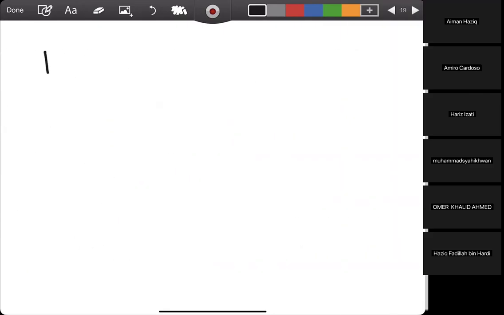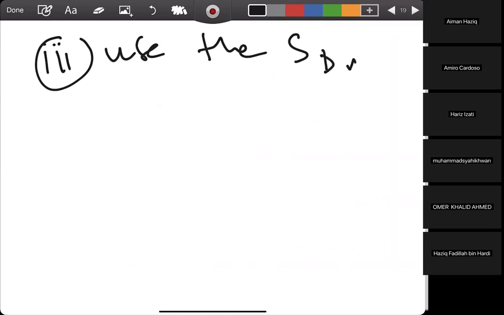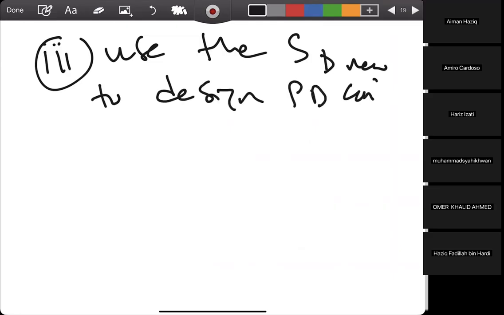So use this SD new to design a PD controller. Okay. So how to design a PD controller?